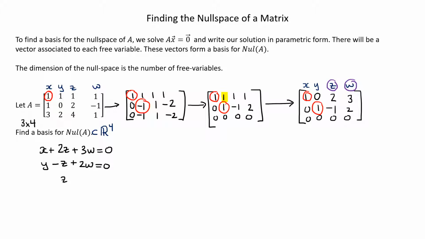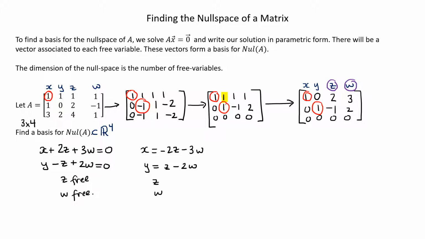And z is free, and w is free. Now I'm going to solve for my pivot variables in terms of the free variables. I get that x is equal to -2z - 3w, and y is z - 2w, and z is z, and w is w.